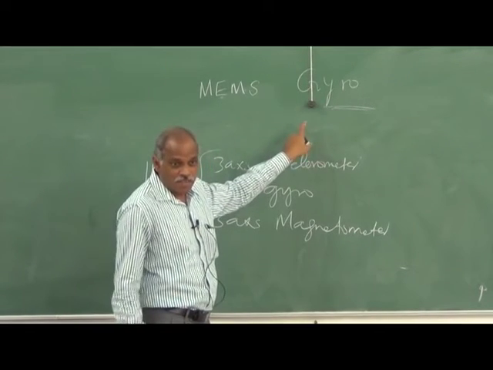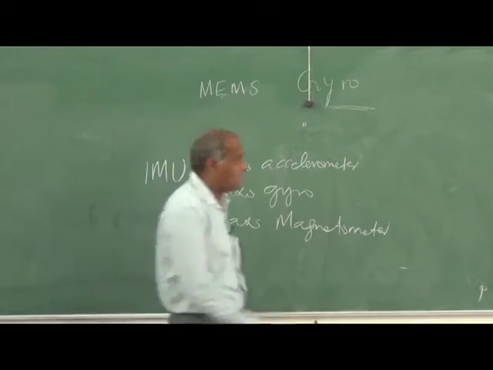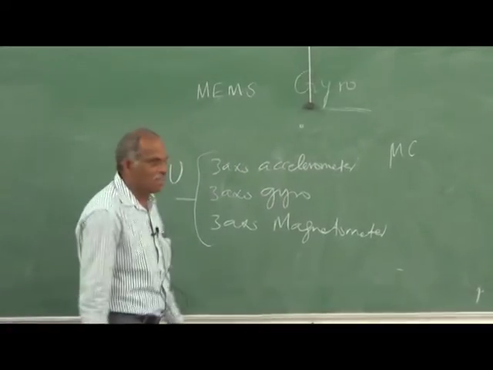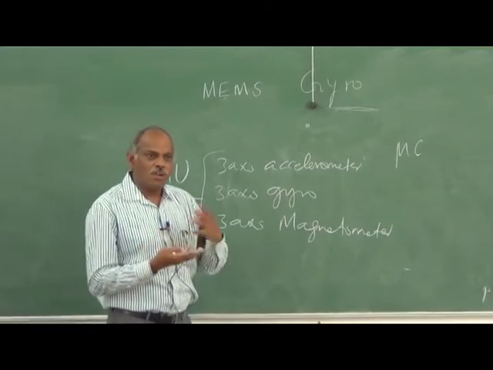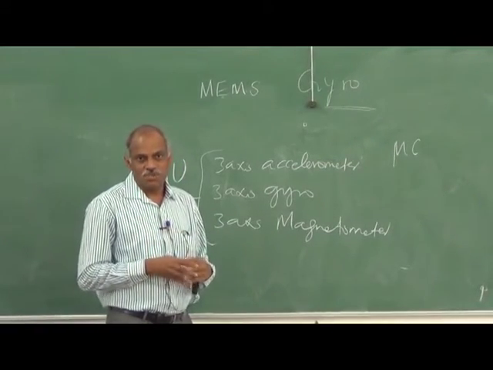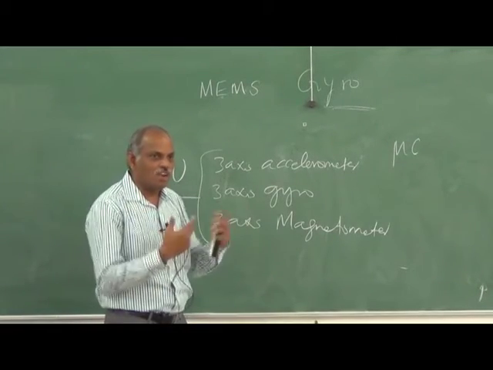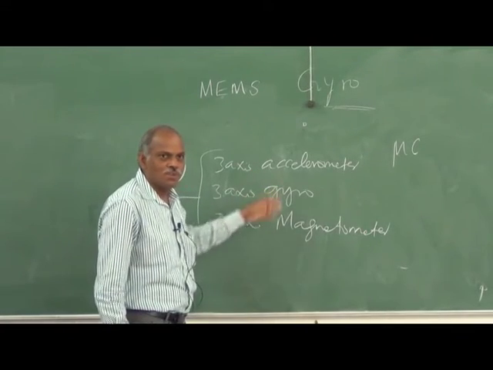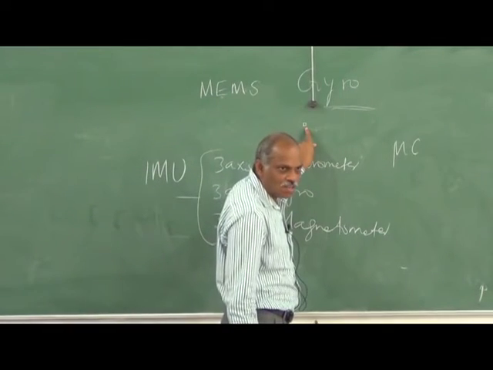Not only that, inside this small chip it also has a microcontroller which can take all the 3 inputs and run an algorithm, so that the outputs are better by synthesizing all the 3, or computing using a program. So a microcontroller is also inside.